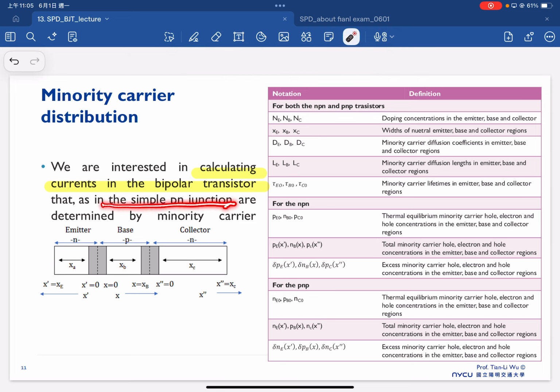The current is mainly determined by minority carriers here. We have some notation defined on the right hand side, which is the information you need to know later to derive the current equation.